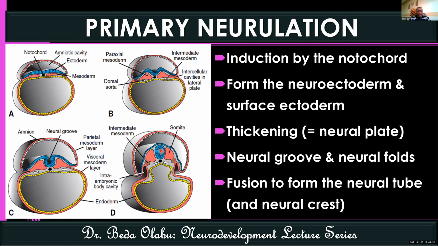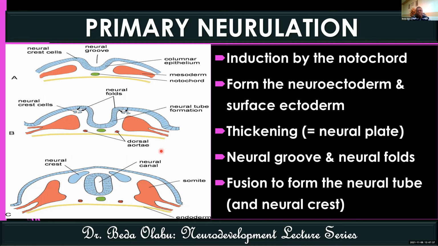However, there are some parts of neuroectoderm that don't become incorporated into the tube. And perhaps this image shows us that better. So if this is the neural plate that is now folding on itself, so that we have neural groove and neural folds, and the folds come and fuse together, there are some cells of the neuroectoderm that are not incorporated into the tube, but they bud off like that and like that.